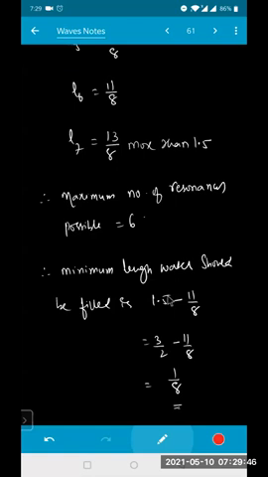Yeah, you can. I wrote it out just for understanding. Once you get an idea, for the next type of questions you can directly write the answers like that. The minimum length we got is 1/8, that means L1 I can directly take as the answer. Okay?